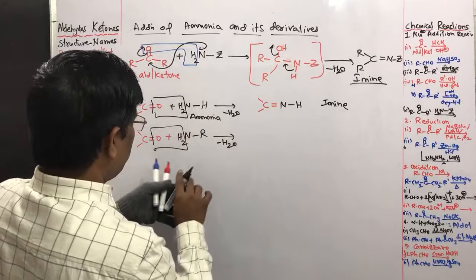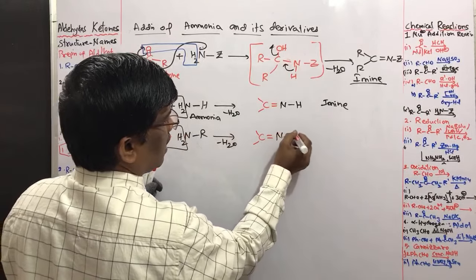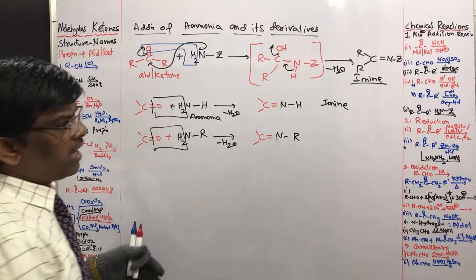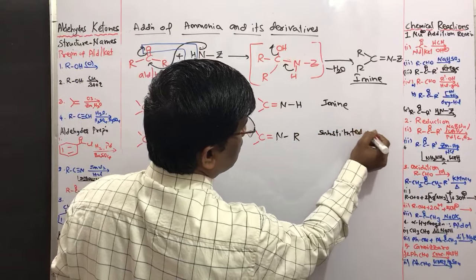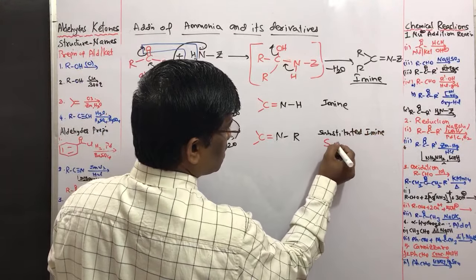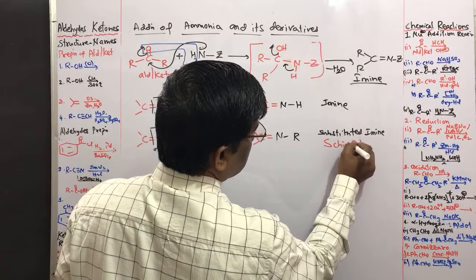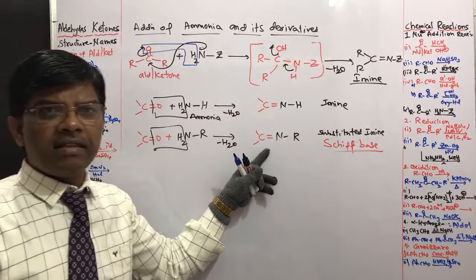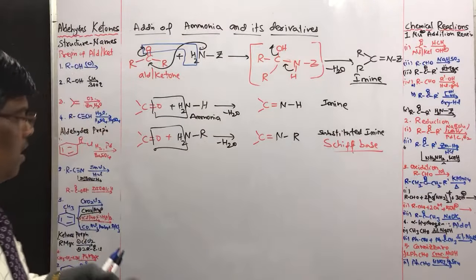Minus water, I am going to get N and R. This is substituted imine. It is very important, students. This name will be used in your laboratory. Schiff base. So this is Schiff base. So please remember Schiff base.